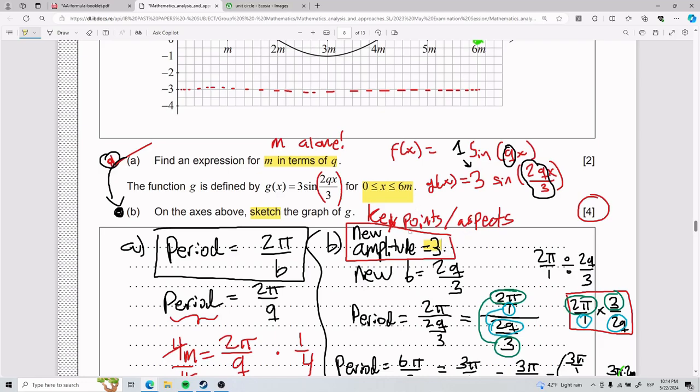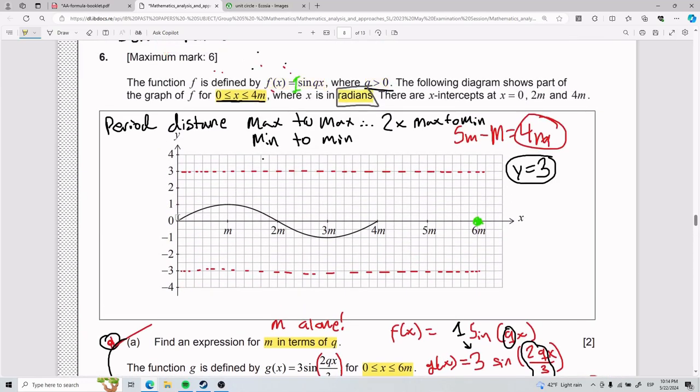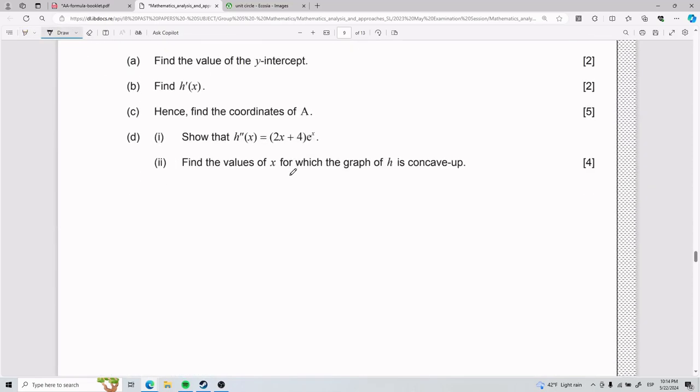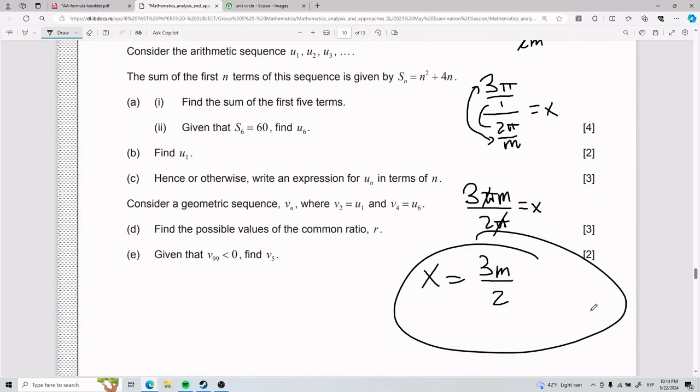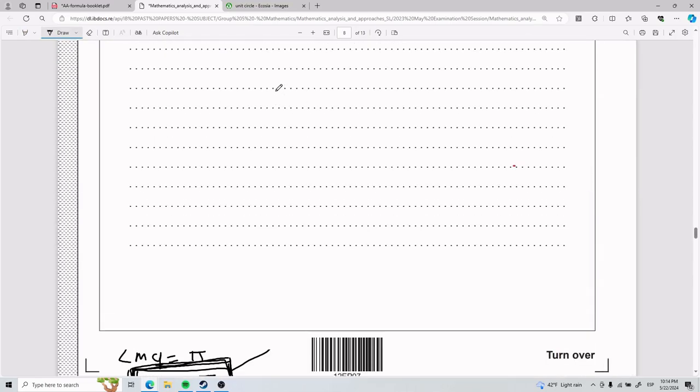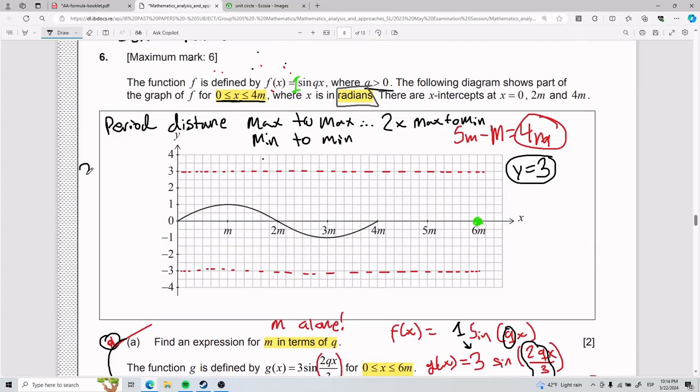So the maximum has to be at y of 3 and then x of 3m divided by 2. 3m divided by 2 is the same as 1.5m, which is right around here, and that is where you're going to have your maximum. So boom, we finally got one of our key points. But from here, everything is just smooth sailing.